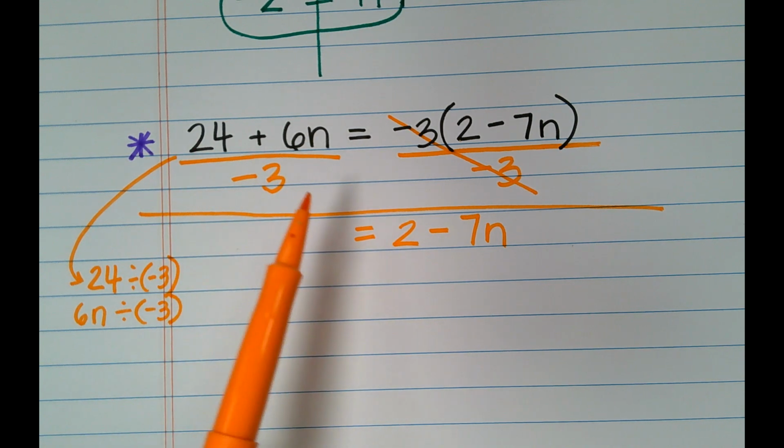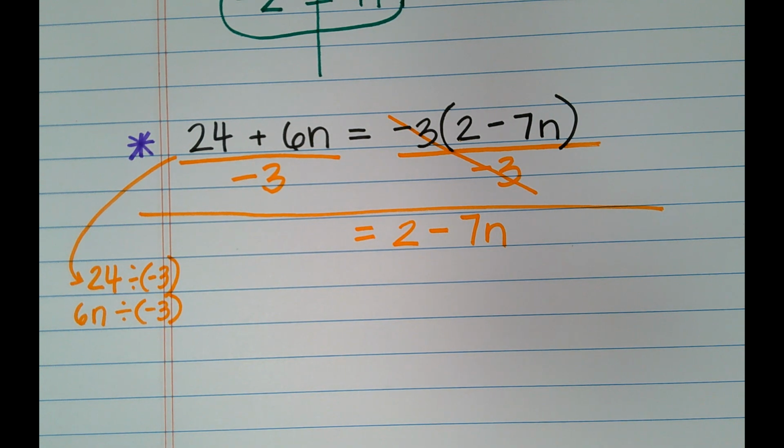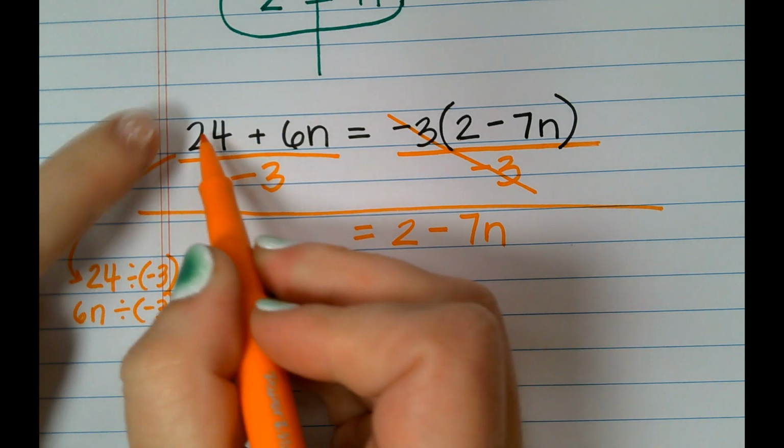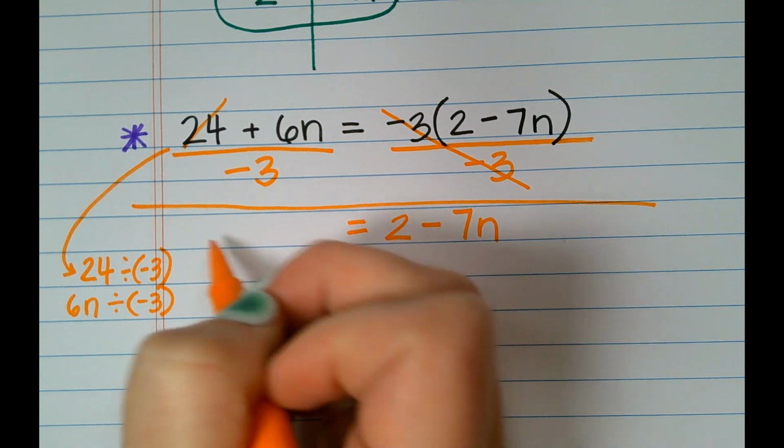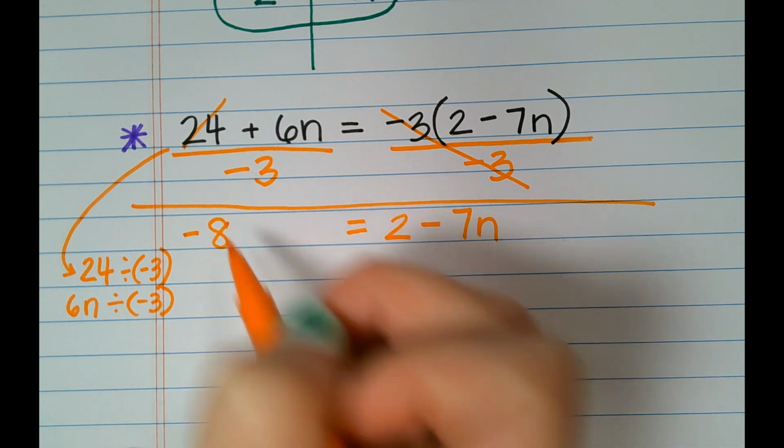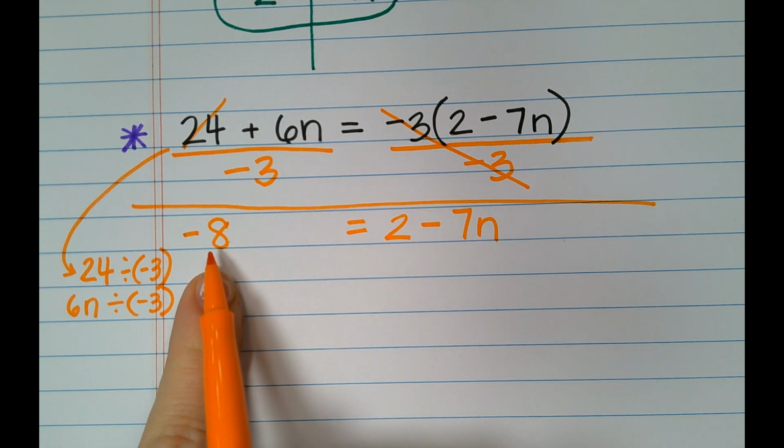So what's 24 divided by negative 3? Negative 8. So I'm going to cross off my 24. Negative 8. Perfect. Now, what do I do next?